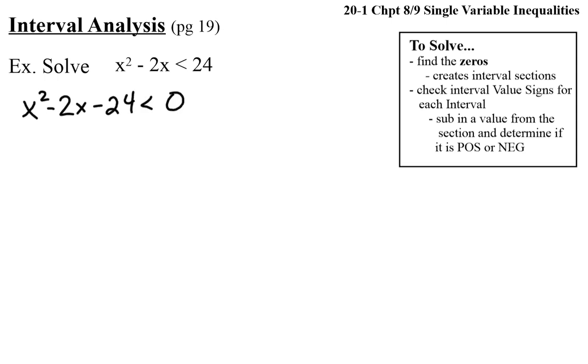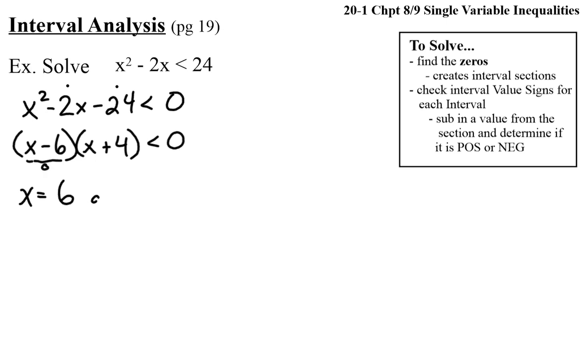So now I want to solve. Multiply to -24, add to -2: x minus 6 times x plus 4. If that's 0, x is 6, and if this was 0, x is -4. We have 6 and -4.